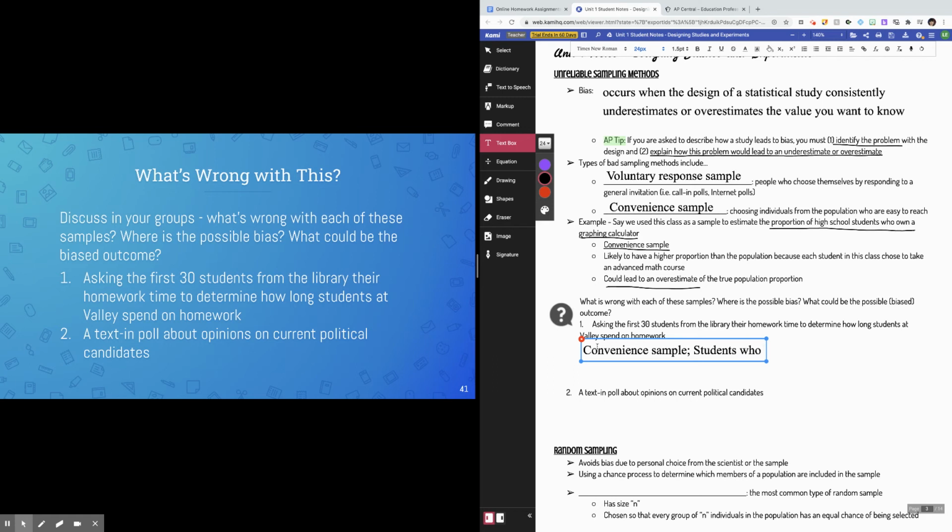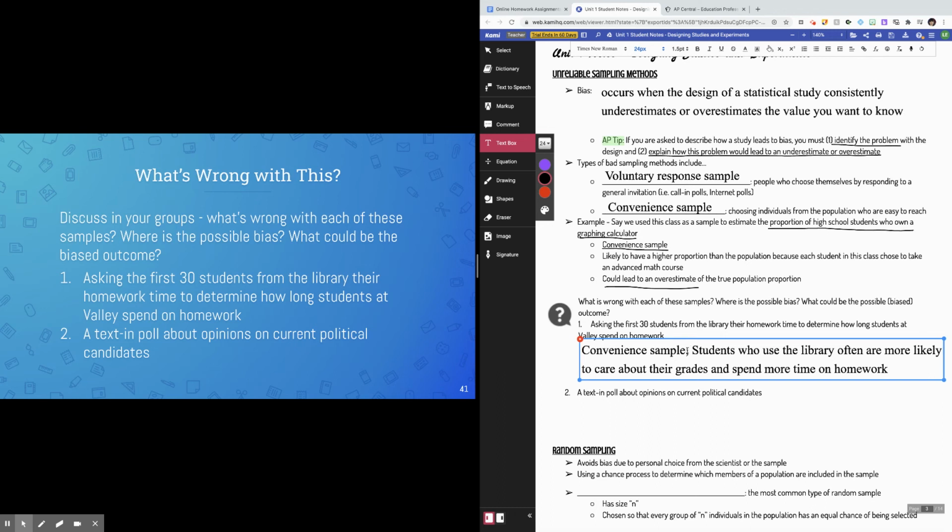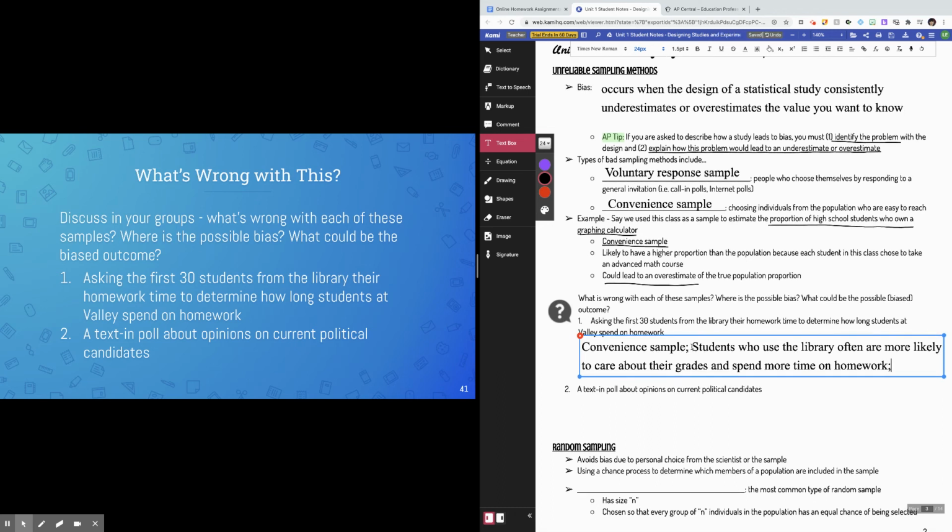Students who use the library often are more likely to care about their grades and spend more time on homework, which could lead us to an overestimation.